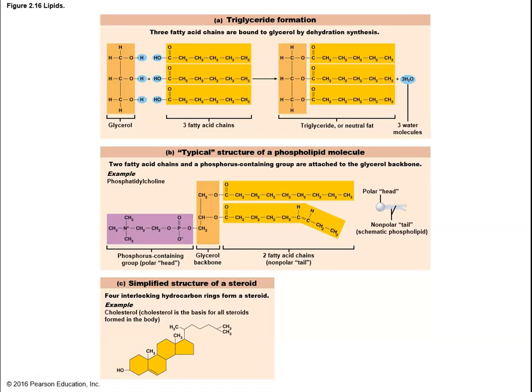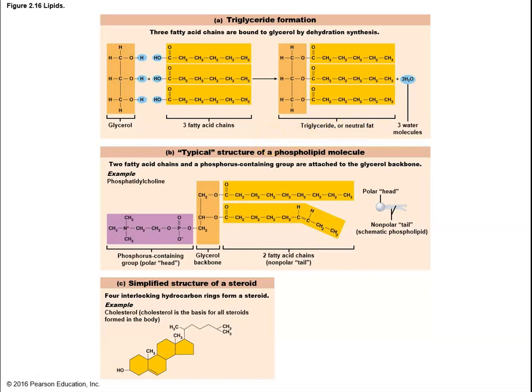In the world of fats, we build fats just like we talked about with dehydration synthesis. So in the triglyceride formation up here at the top, we see the removal of water here, resulting in our end fat product over here.